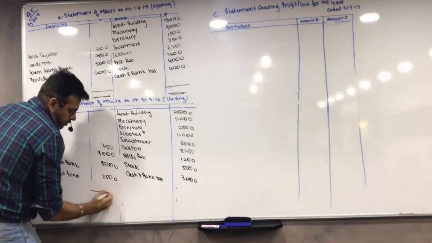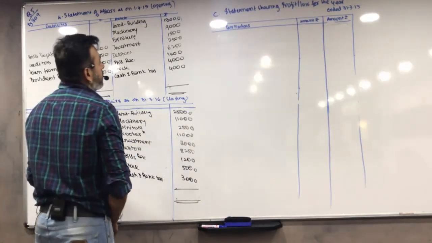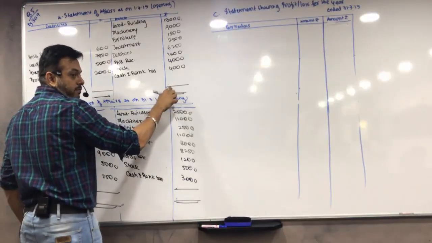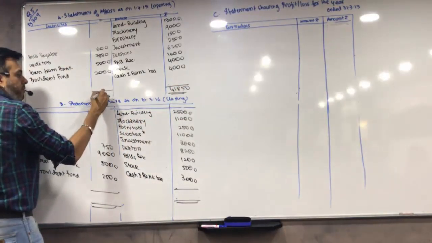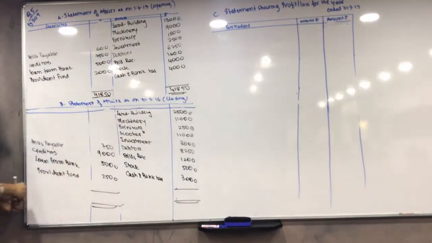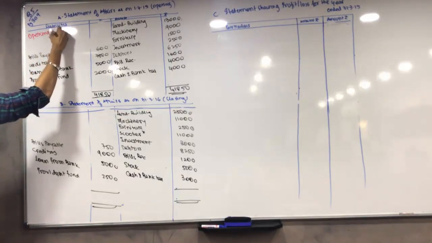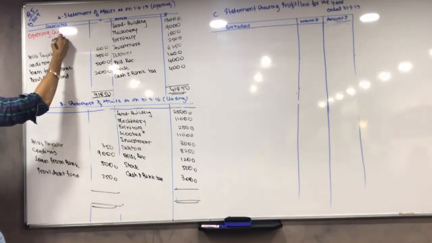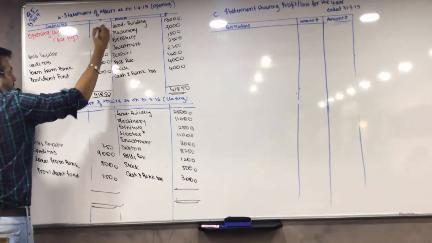Find the opening and the closing capital. Total is 41850. Opening capital 26750.